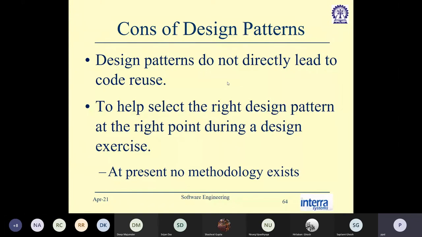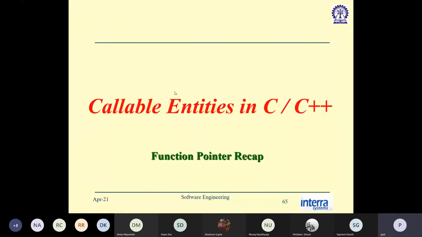This probably is a scope for deep research in AI, as to whether you can identify the right kind of pattern in different design situations. If you can, that would be great. But so far, it is just based on the experience of the designer, of the people.